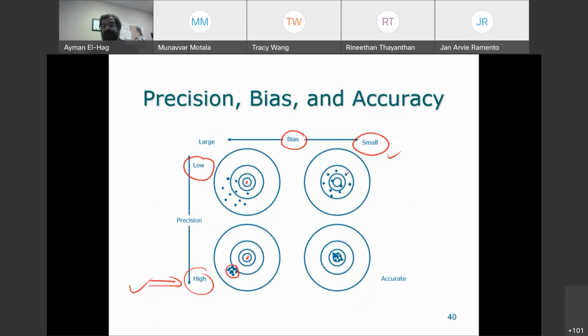Now, on the other hand, if your precision is low, but there is no bias or small bias, you will have random error, but this random error is around the true value because the bias is small, but still the results are random. This is what you want to achieve, the accurate results, where you will have small bias and high precision.